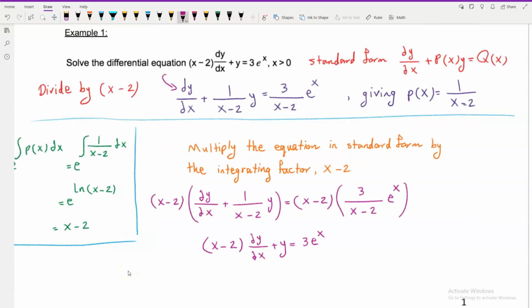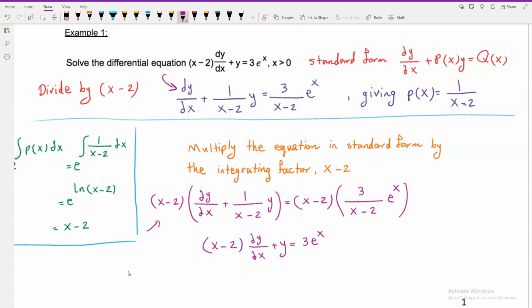Now multiply the equation in standard form by the integrating factor x - 2. Here we have standard form dy/dx + 1/(x - 2) times y equal to 3/(x - 2) times e^x. So multiply this by x - 2.